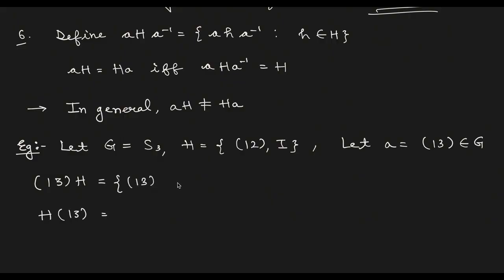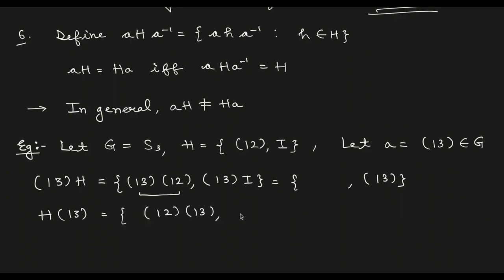1, 3, 1, 2, 1, 3 into identity. Can you tell me what will be this? Second one is obviously 1, 3 only. One, two, three. First one. Yes, 1, 2, 3.